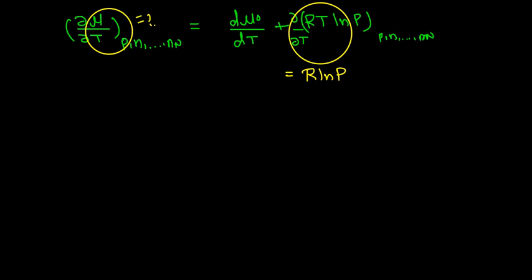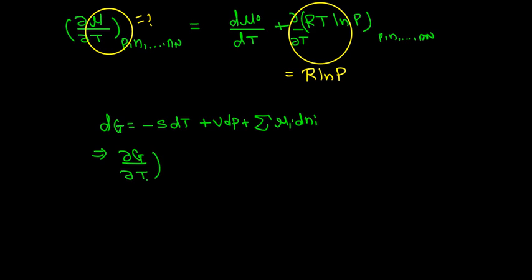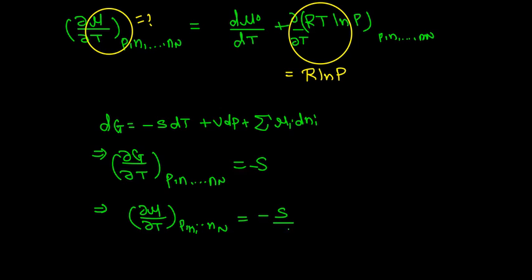We can again use the same definition, dG equals minus S dT plus V dP plus summation μi dni, and using this same procedure as before, ∂/∂T at constant P, n1 and so on, this will be minus S, from which I get ∂μ/∂T at constant P, n1 and capital N, which has to be minus S upon N. Okay, negative of molar entropy.